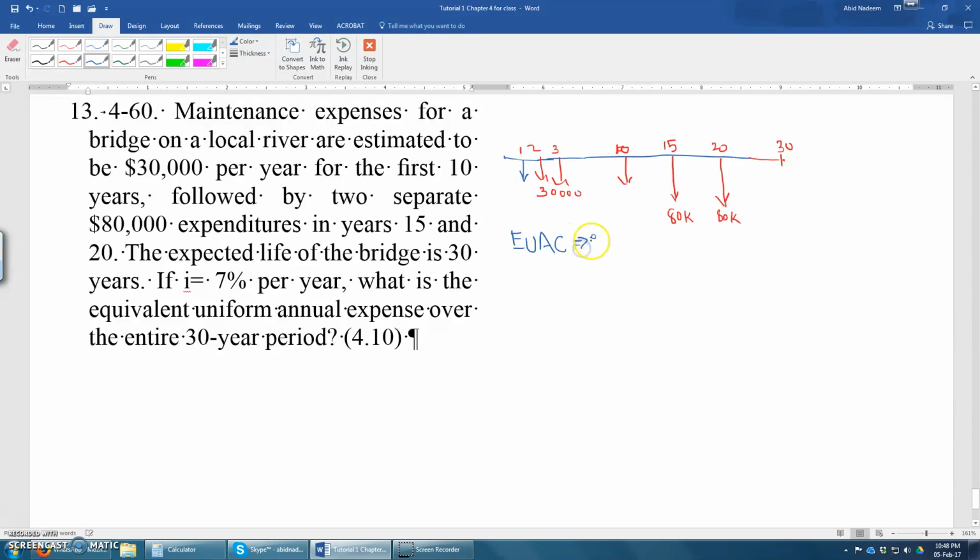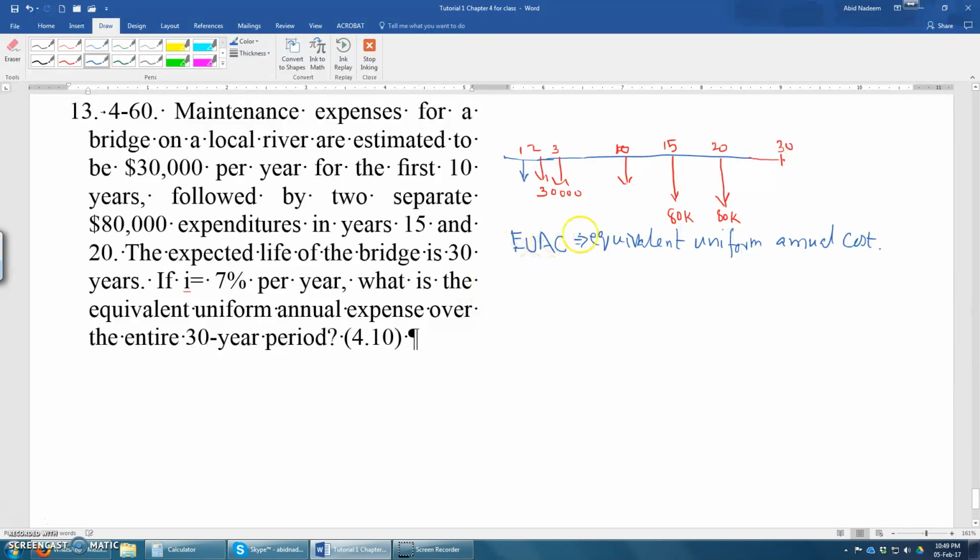Equivalent uniform annual cost. Cost is the same as expense, equivalent uniform annual expense.